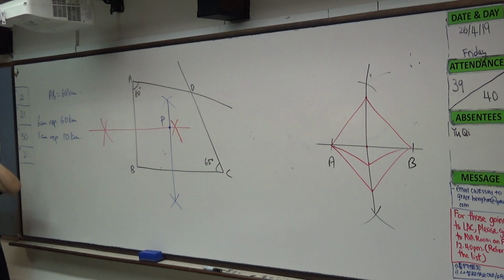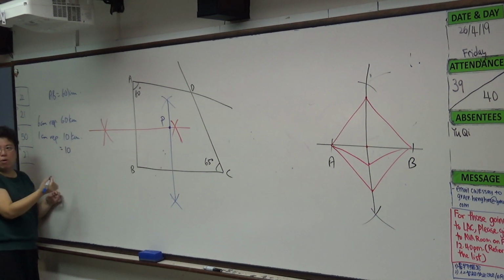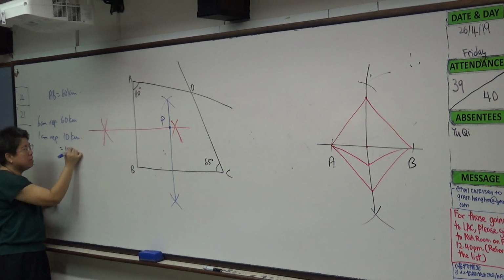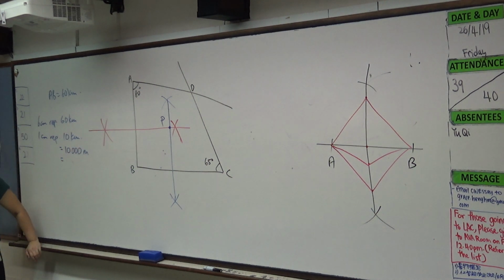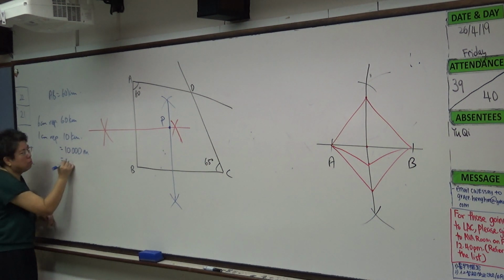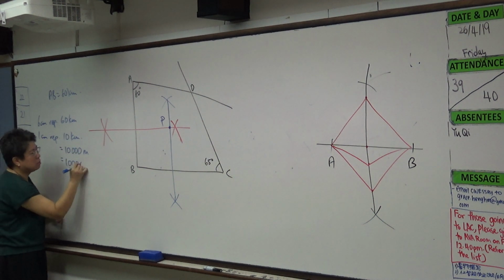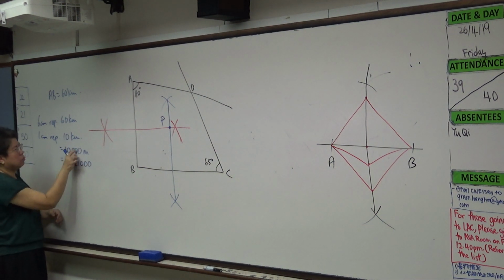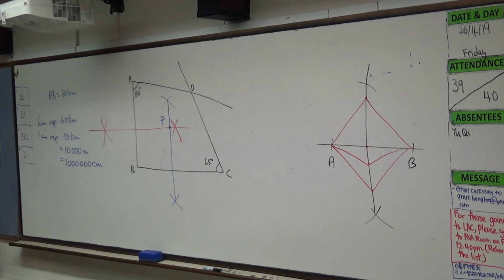Okay, but what if I want to use the ratio 1 to something? That means this 10 kilometers will be how many cm? Oh, sorry, how many meters first? 10 plus 3 zeros, right? 10,000 meters, right? How to become cm? And how to become zero? So, you'll be like that, right? 1 million cm, right?